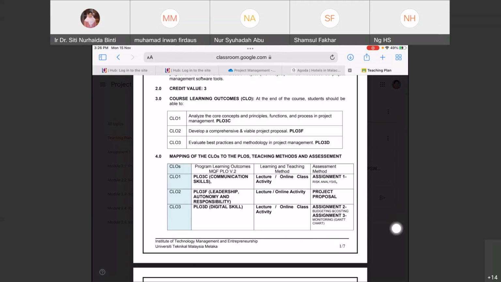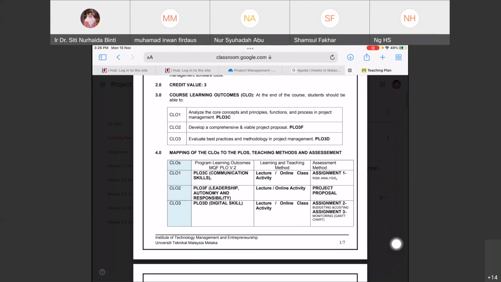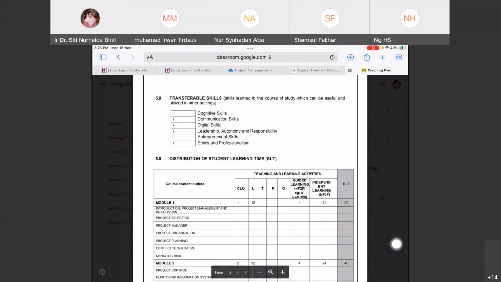It can be repetitive. We accept that. We intentionally do that to make it easier for you to do this assignment. And that's it actually.